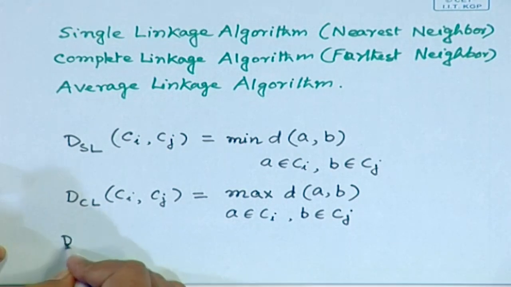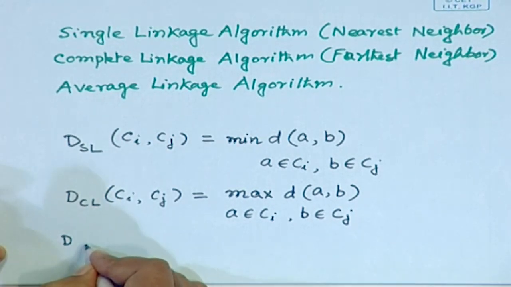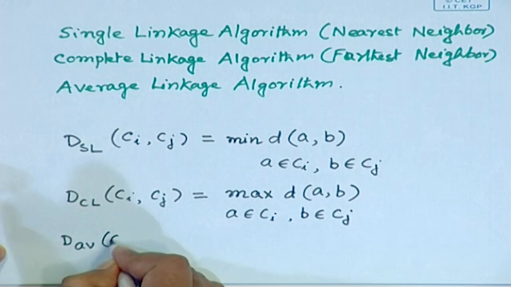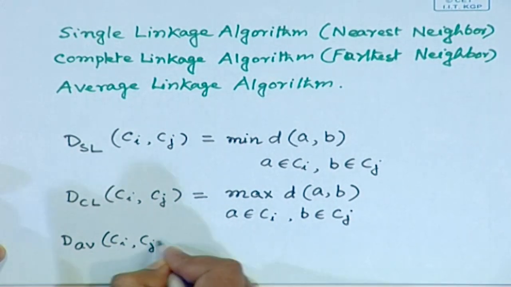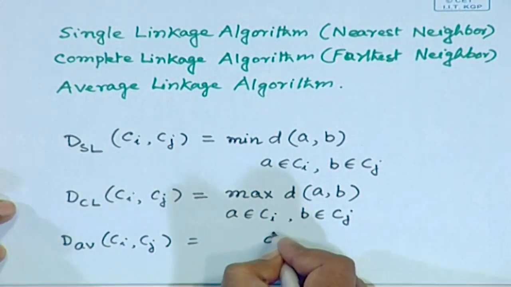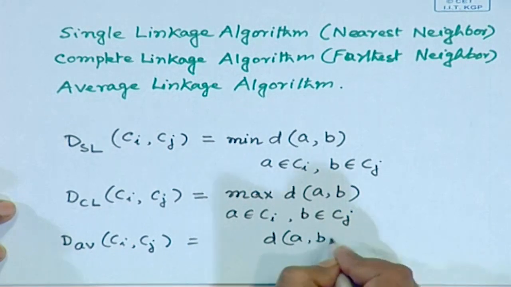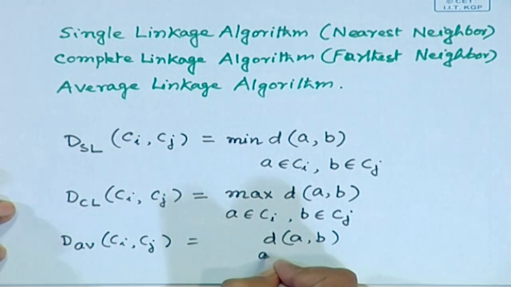Okay. And in case of the average linkage algorithm, I have to find the average of the distances.